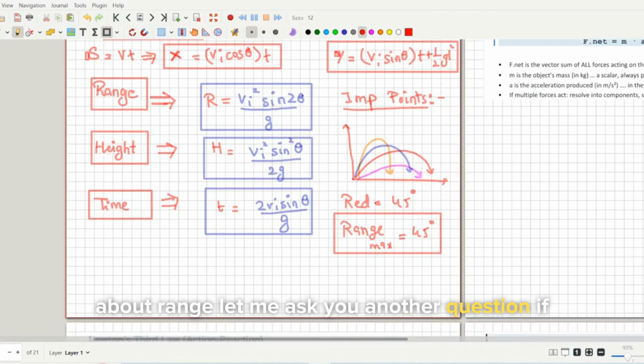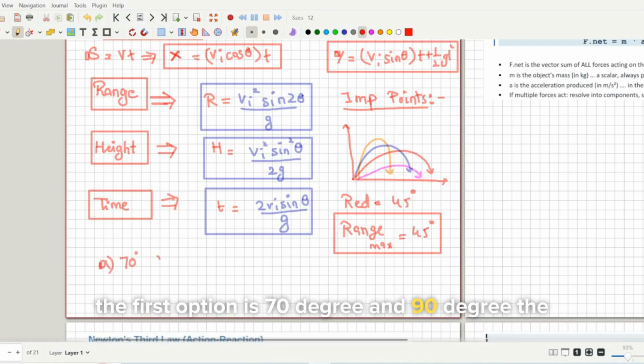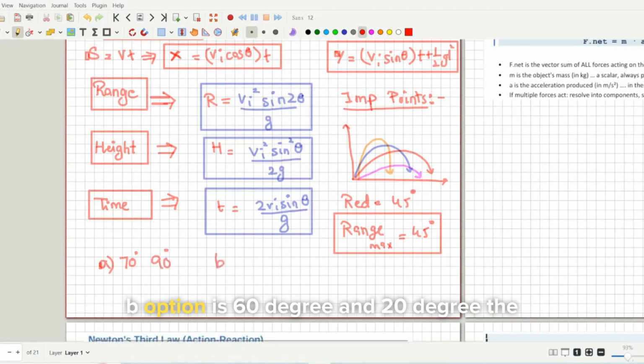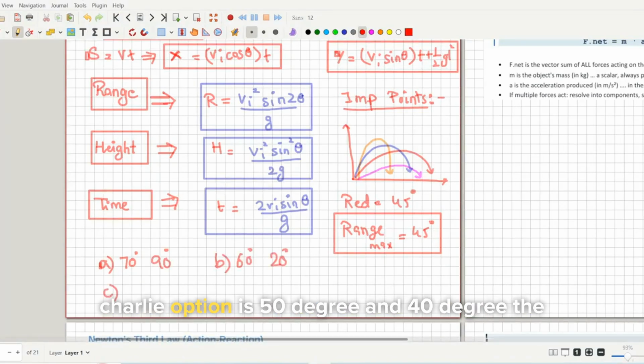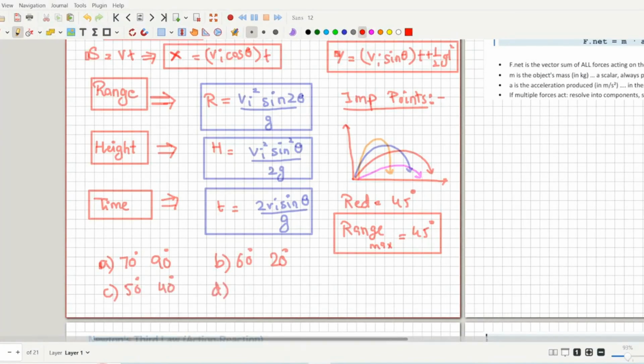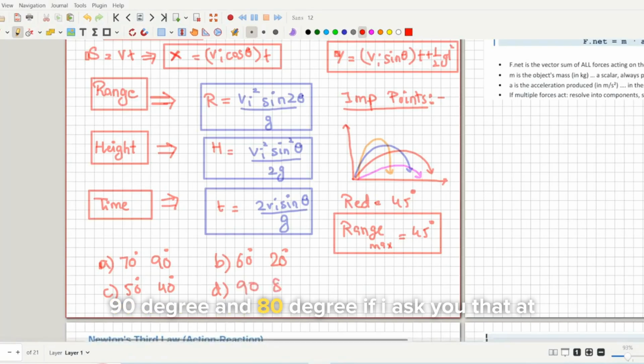Let me ask you another question. If we have 4 options, the first option is 70-degree and 90-degree. The B option is 60-degree and 20-degree. The Charlie option is 50-degree and 40-degree. The Delta option is 90-degree and 80-degree.